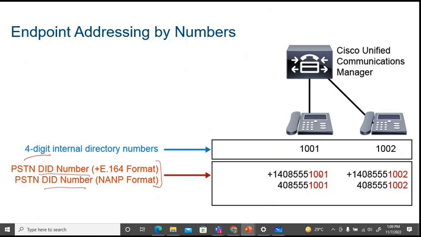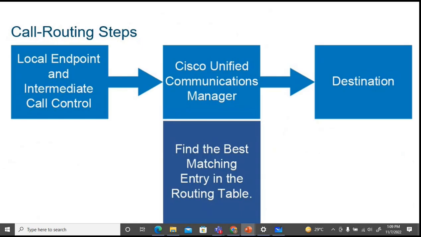So let's say this is the directory number we have configured, and to make calls outside, we want to add a DID PSTN number, this or this. Plus is used, or +1 is used for the US as per the E.164 standard, whereas in any NP you do not need to add that. You can simply add this code and that's it.